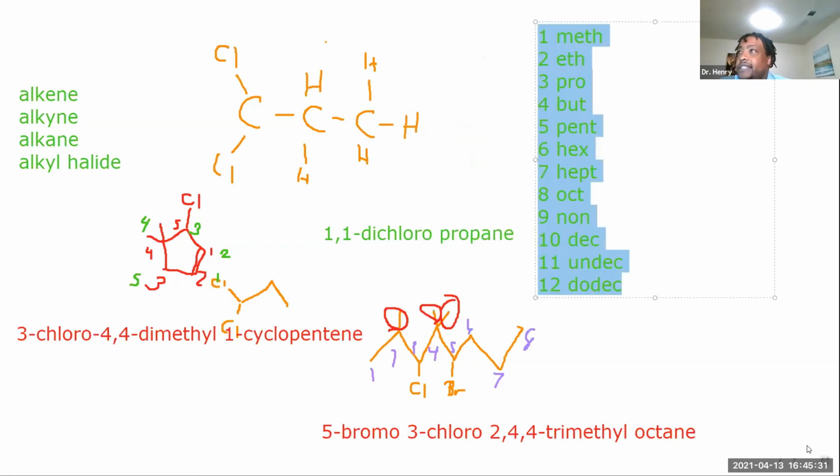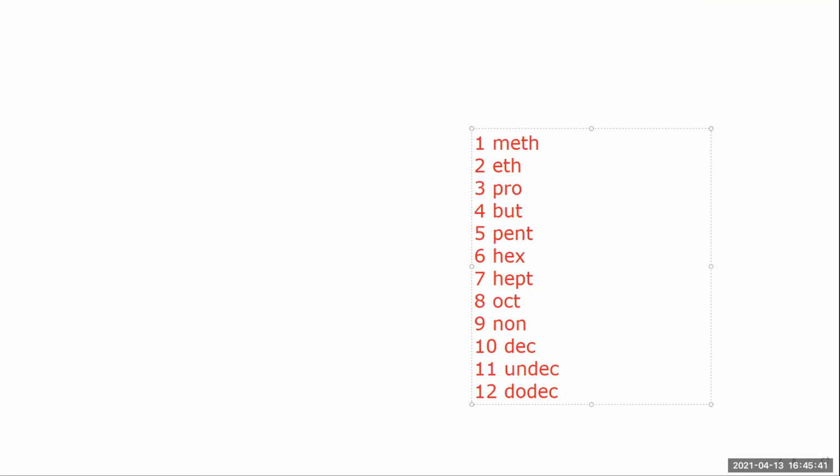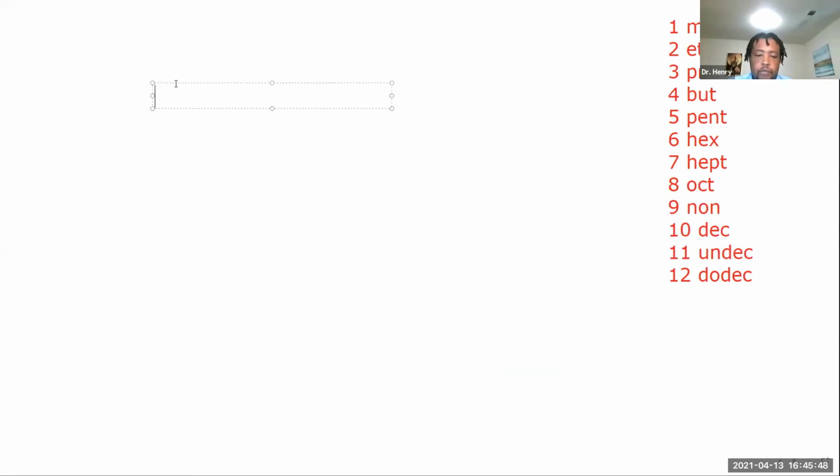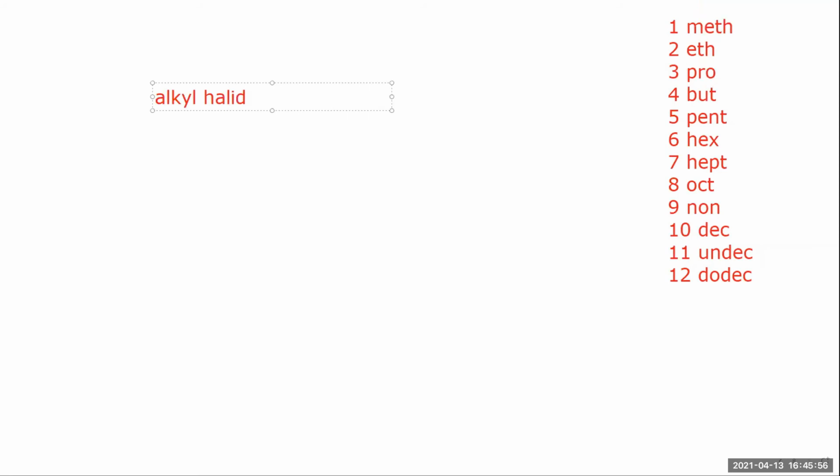Okay, so now we have our halides, our alkyl halides. How you doing, Ryden? So we just put that O at the end, right? So I'm just going to use an X dash O.